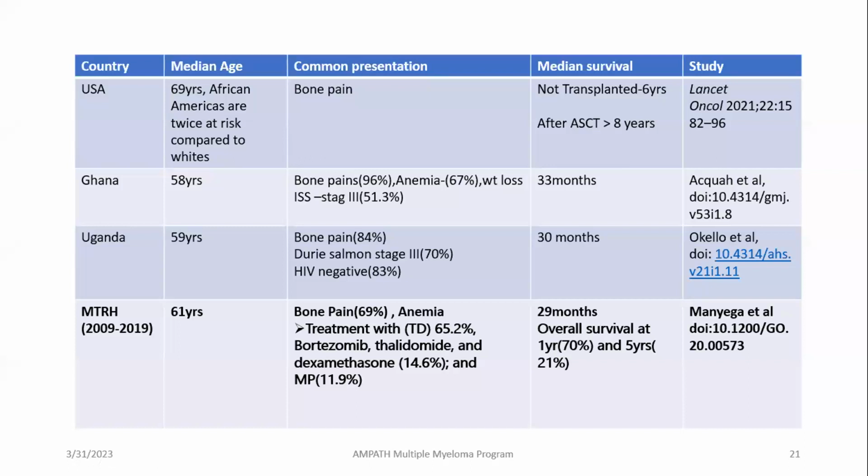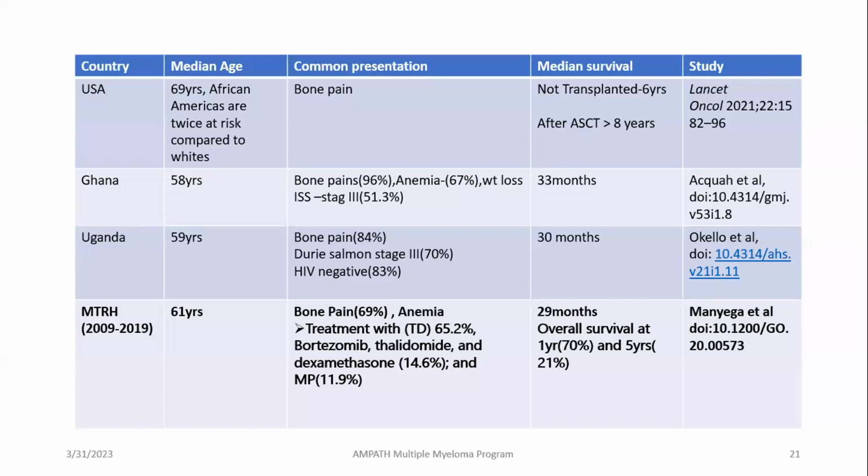Thank you. Just to show the experience of other people as compared to our experience. In the US, the median age for diagnosis was 69 years, from a study published in Lancet Oncology in 2021.